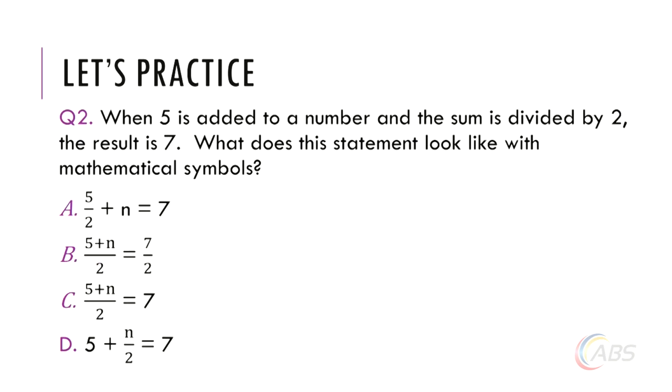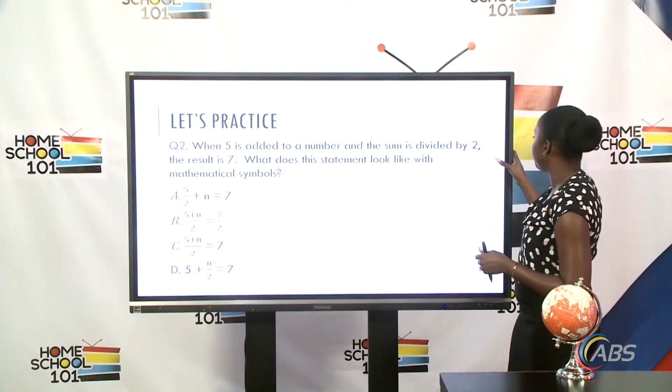Question 2. When 5 is added to a number and the sum is divided by 2, the result is 7. What does this statement look like with mathematical symbols?